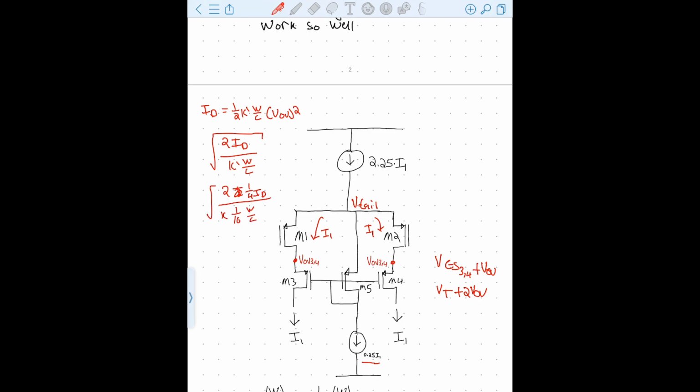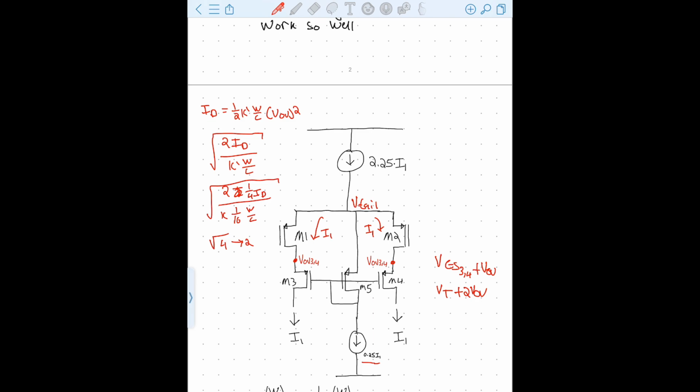And that works out to be the square root of 4, which is just simply 2. So there we would have 2 VOV relative to M3 and M4, which is how we get that overdrive impressed upon the drains of M1 and M2.